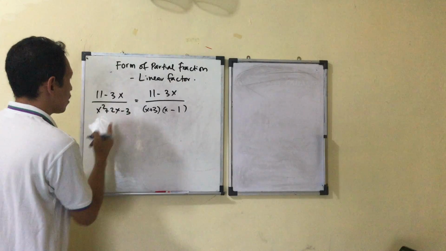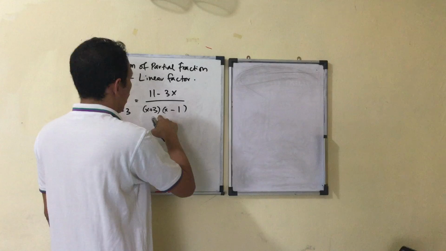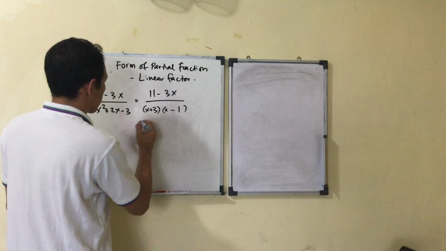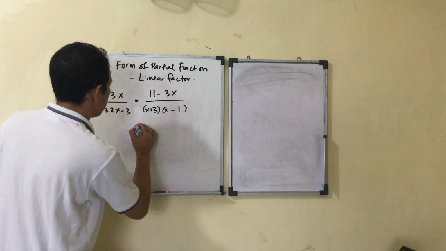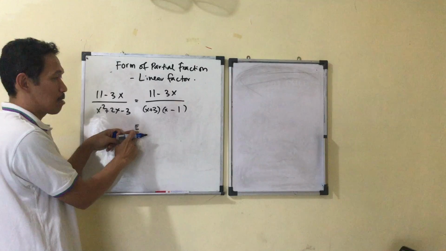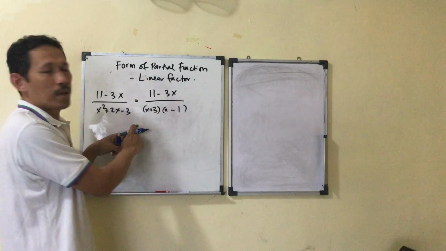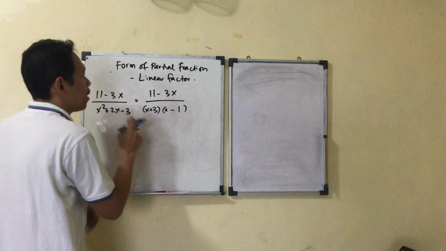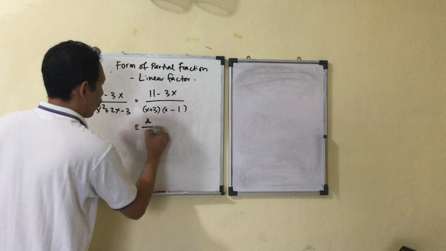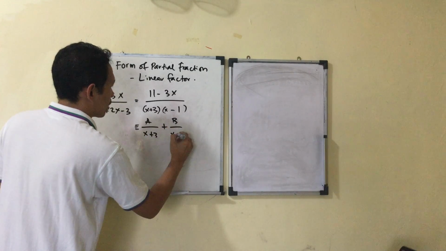So let's have a look here. First things first, you have to make sure that you put it in the form of partial fractions. If you look at the note, this is equivalent to A over x plus 3 plus B over x minus 1.